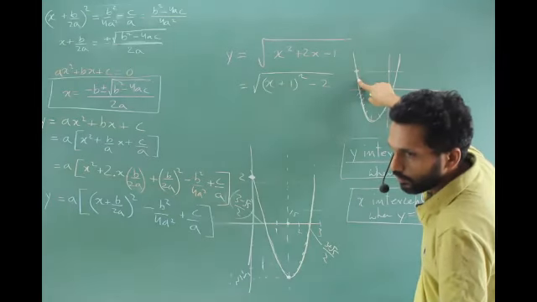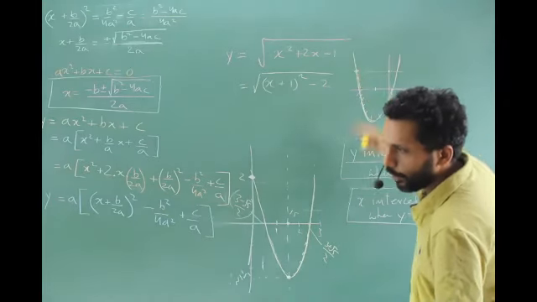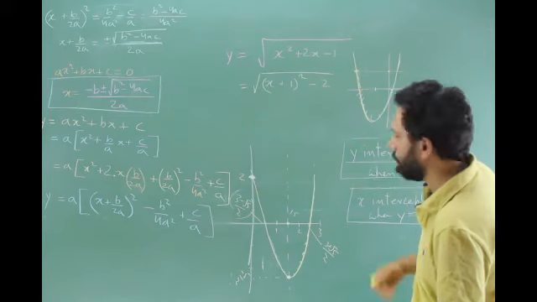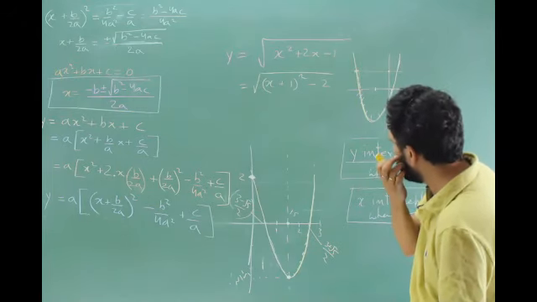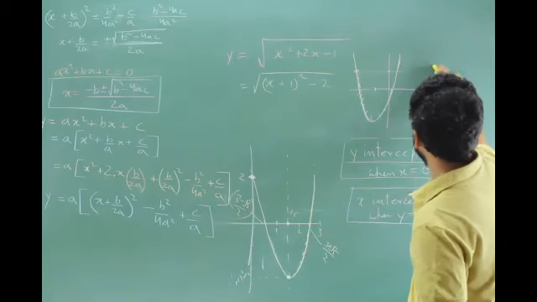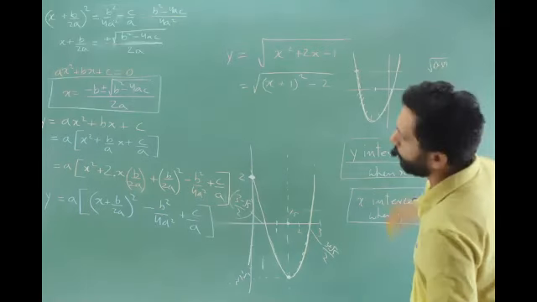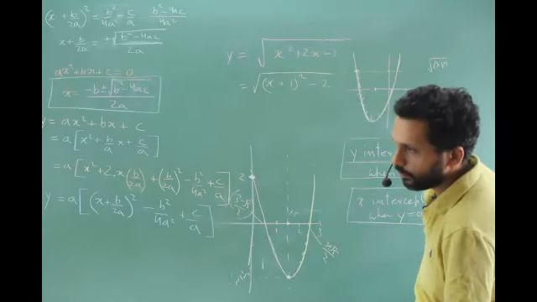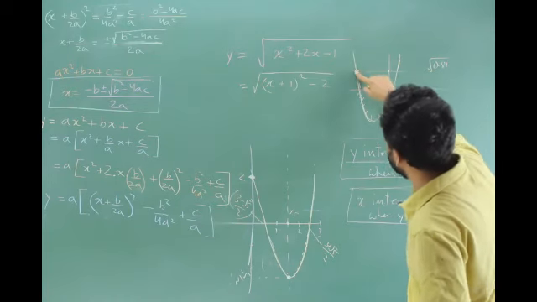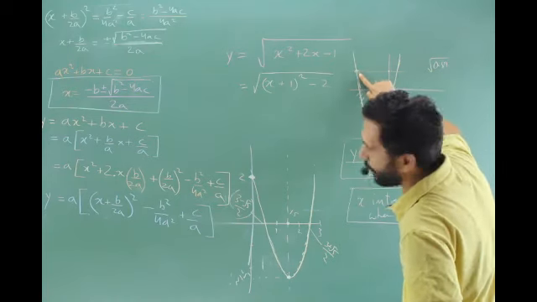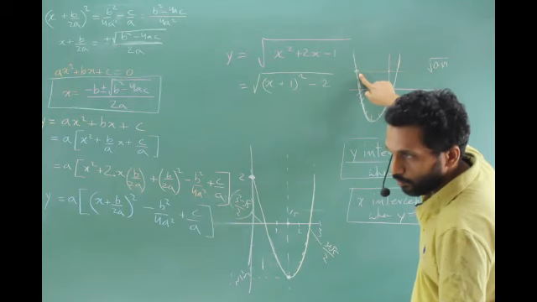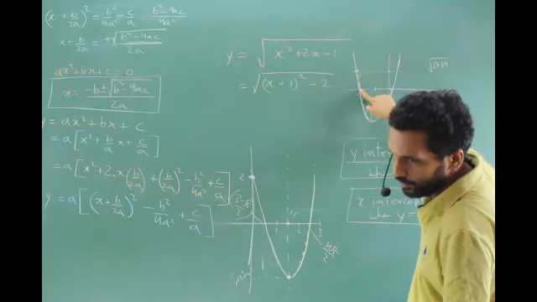It increases. Like 0.81 under root. How much will that be? 0.9. So these values will go up a bit, right? But under root 0 will be 0 itself, right?